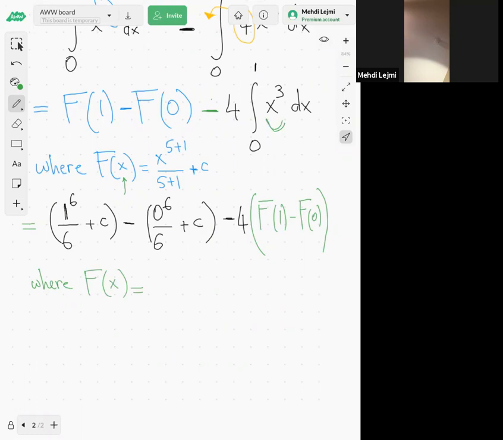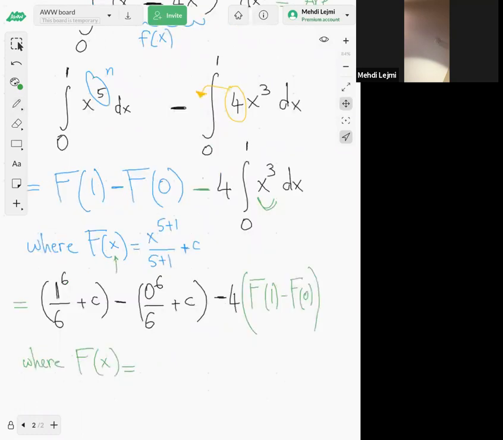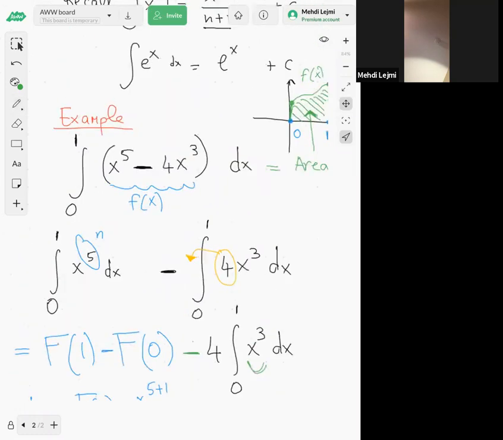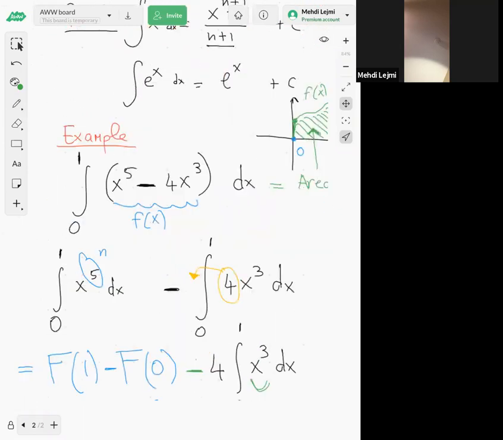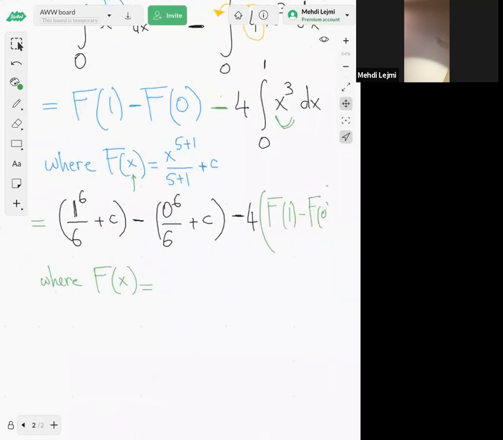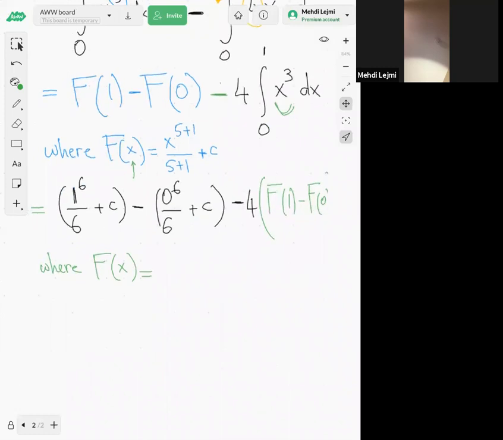The antiderivative of x cubed is x to the power n plus 1, so it's x to the power 3 plus 1 over 3 plus 1 plus this constant c.